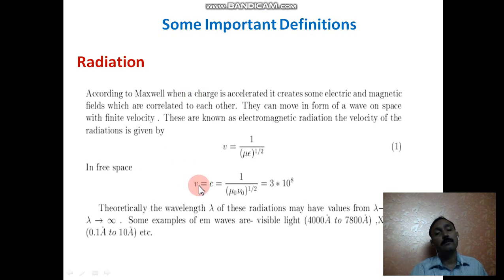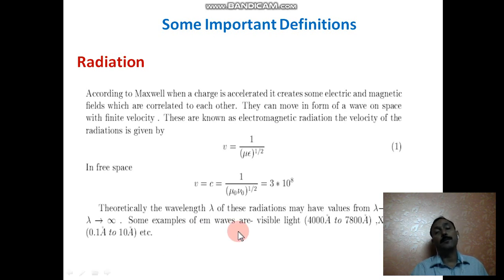In free space, v is equal to the velocity of light, c, which is equal to 1 by mu naught epsilon naught to the power half, equal to 3 into 10 to the power 8 meters per second. Theoretically, the wavelength lambda of these radiations may have values from lambda tending to 0 to lambda tending to infinity.